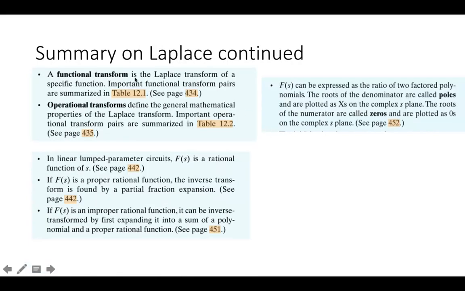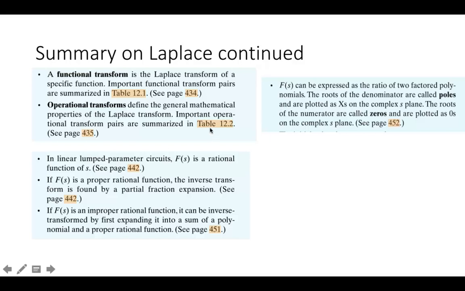Your textbook defines a functional transform as the Laplace transform of a special function. Important functional transform pairs can be found in table 12.1, and then your textbook author has a second table that he refers to as operational transforms, which go over mathematical properties of the Laplace transform. These are summarized in table 12.2.